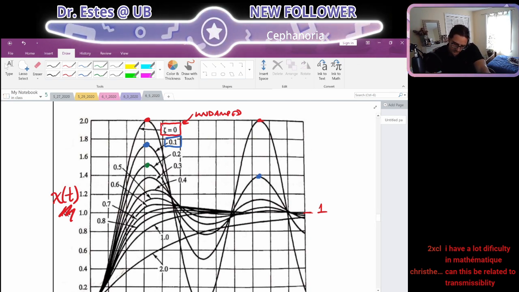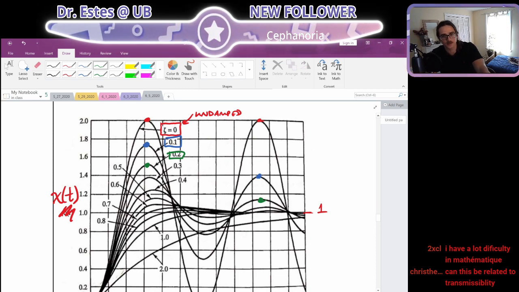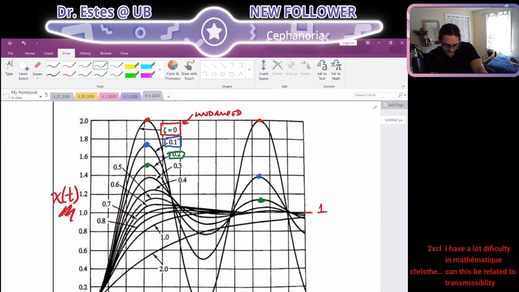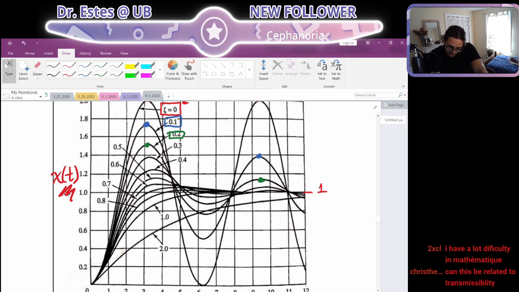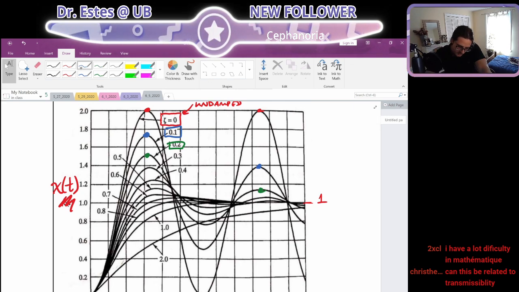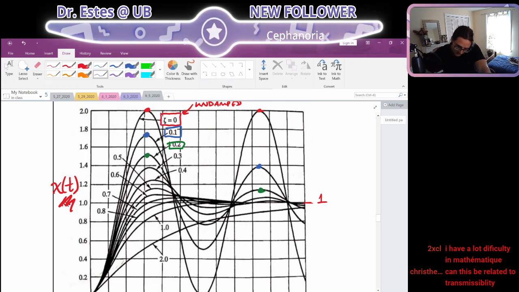So you see that as we increase the damping ratio, the peaks drop off in amplitude faster and faster. And we know that once the damping ratio becomes 1, this is called critical damping.